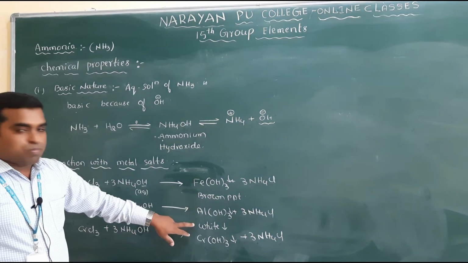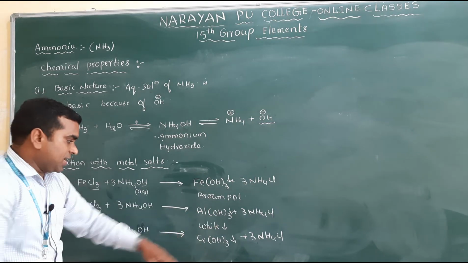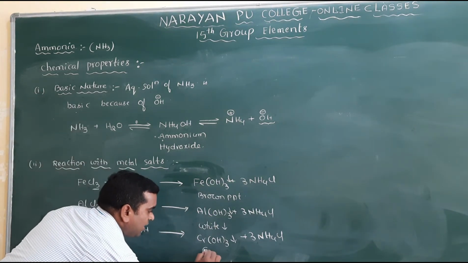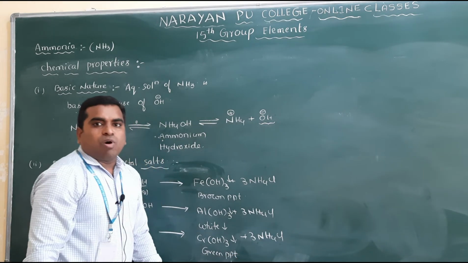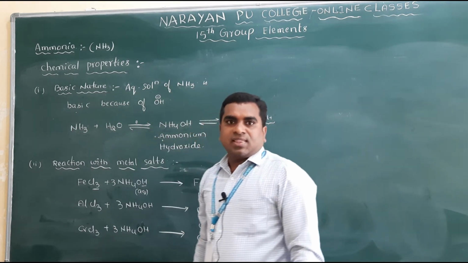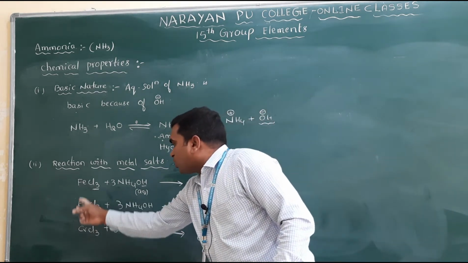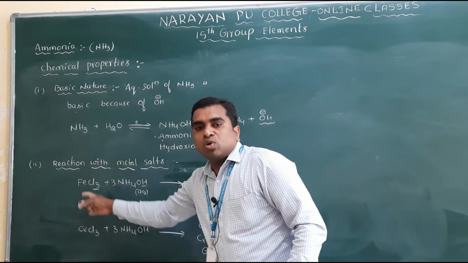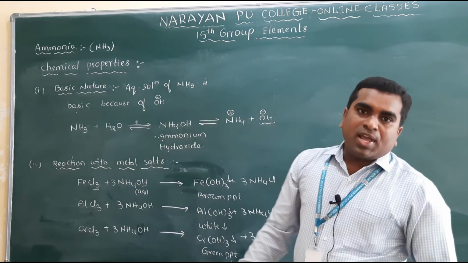These colors are important: here a brown precipitate, a white precipitate, and here you will get a green precipitate. You have already done salt analysis in the first year. These are all third group cations, and third group cations are identified by adding ammonium hydroxide.